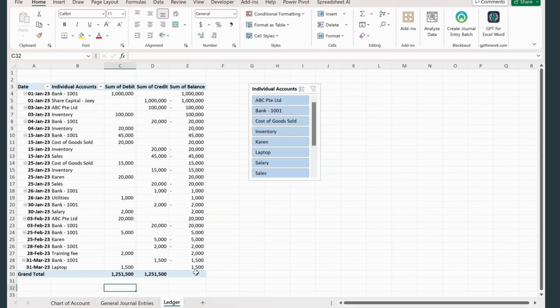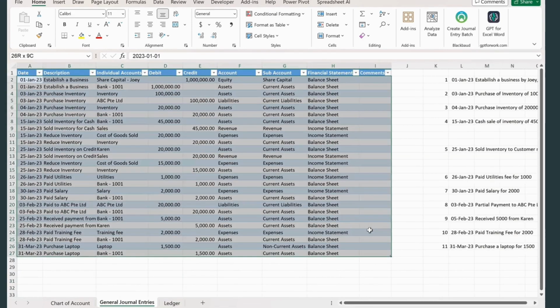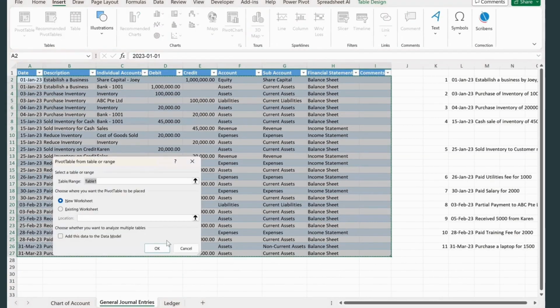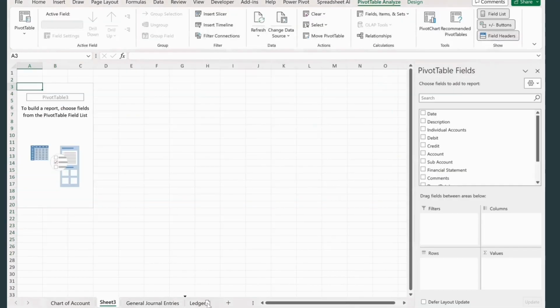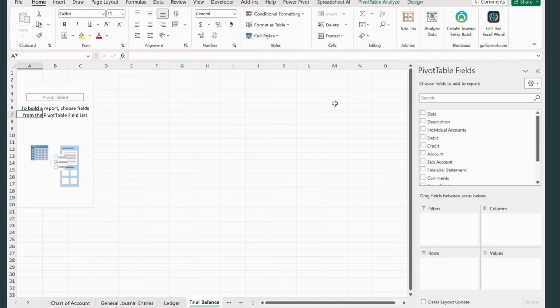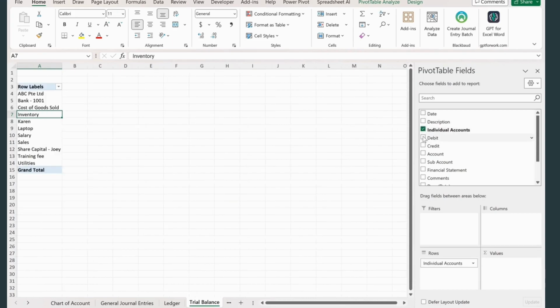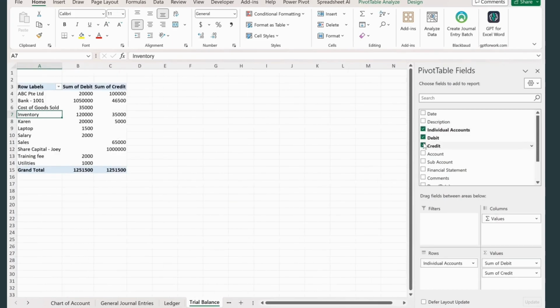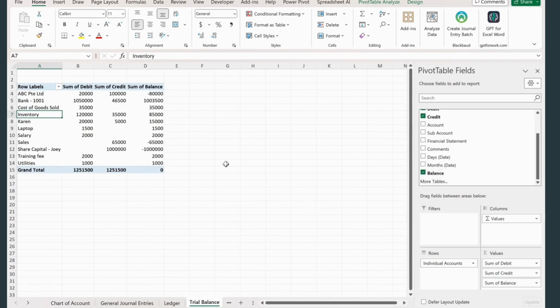So we create another pivot table. Name it trial balance. Credit balance.